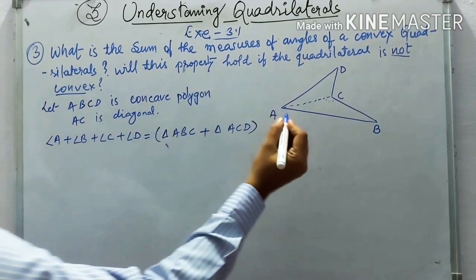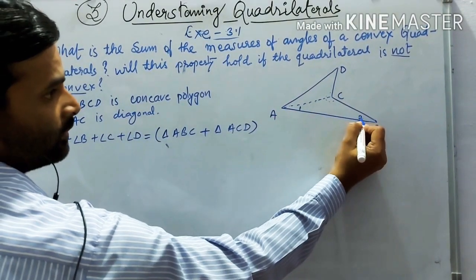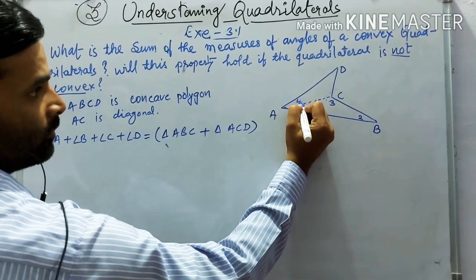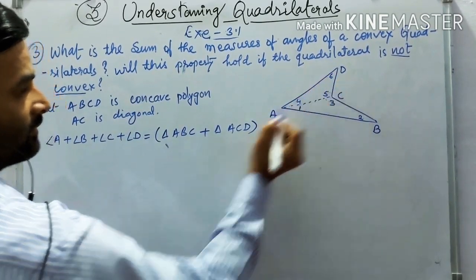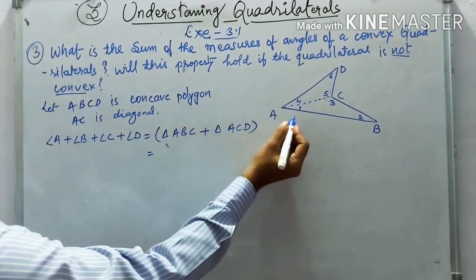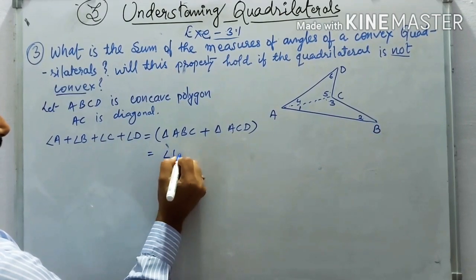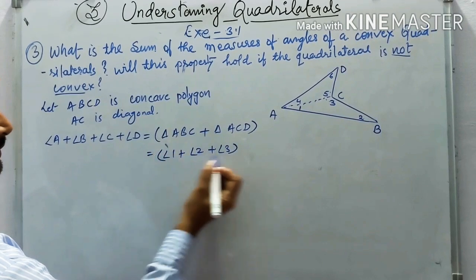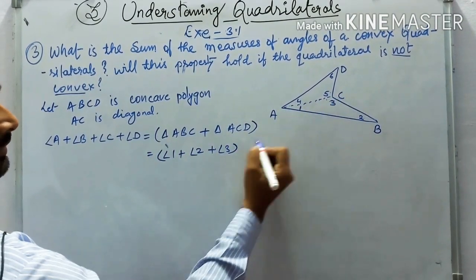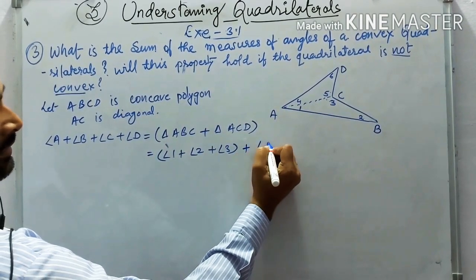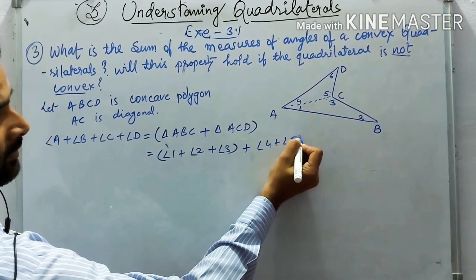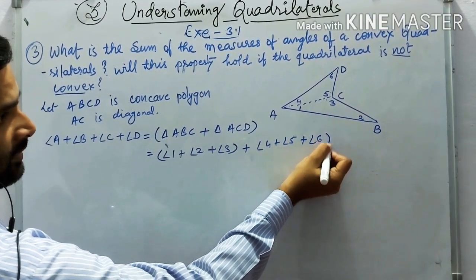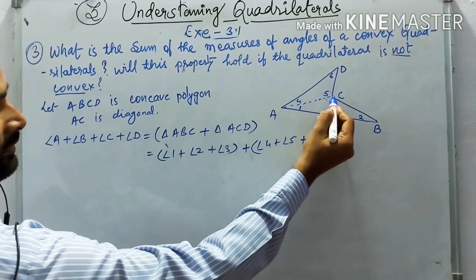Give the names 1, 2, 3, 4, 5 and 6. In triangle ABC, angle 1 plus angle 2 plus angle 3, plus 4 plus 5 plus 6 in triangle ACD.